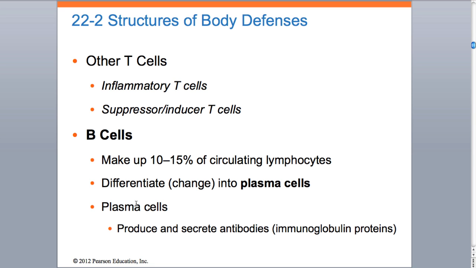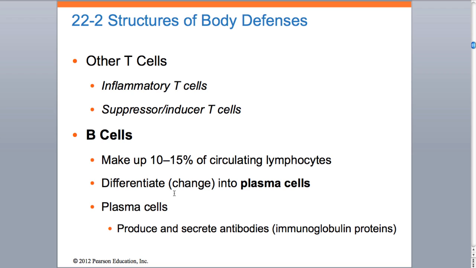B cells down here. Okay, so we're now moving to the bottom half of this slide, the B cells. Now B cells are unique, so we're now all of a sudden switching to level 3. Well, level 3 is still specific, right? That means we're still using the word immunity. Now here's what's unique about level 3.